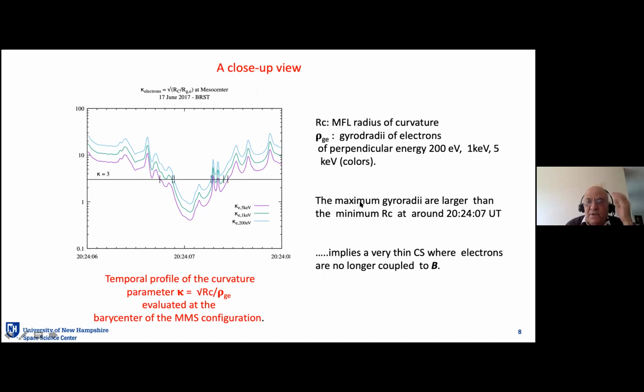Here, the maximum gyro radii are larger than the minimum radius of curvature at around this time, which means that we have a very thin current sheet where the electrons are no longer coupled to B because their gyro radius is larger than the radius of curvature of the magnetic field.